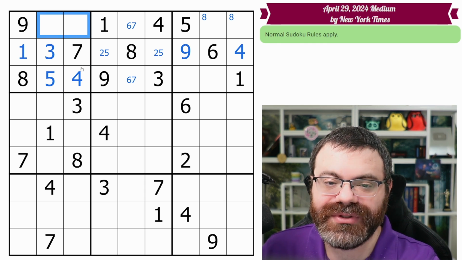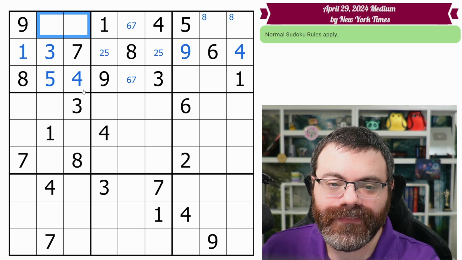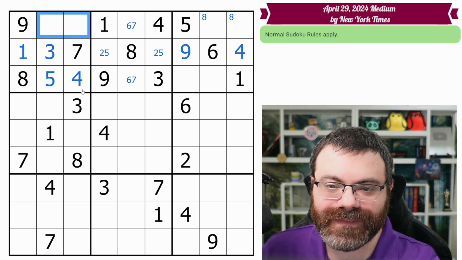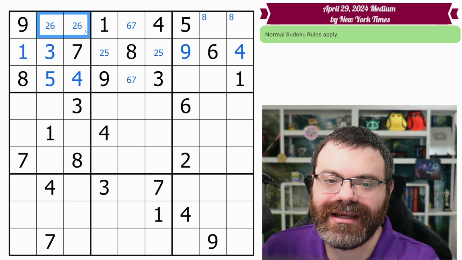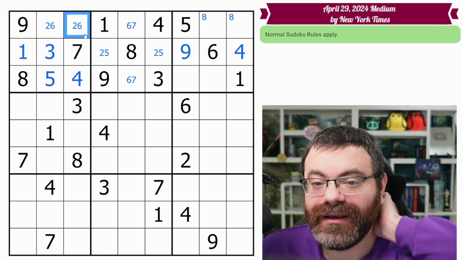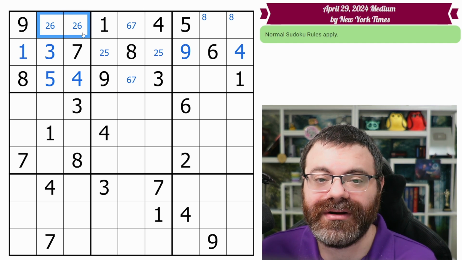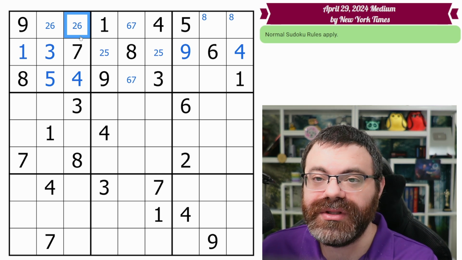And now there's only 2 digits left in this box. Definitely worth thinking about. We need the 2 and we need a 6. Now, we know that these are down to 2, 6, so I'm going to center mark that. And in general, what I've been using center marks for, I don't think I explained this when I did it here, is I'm using center marks to denote that specific cell is down to only those values.